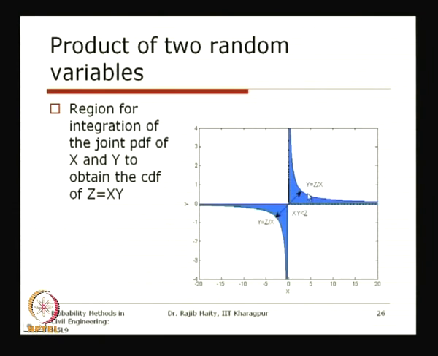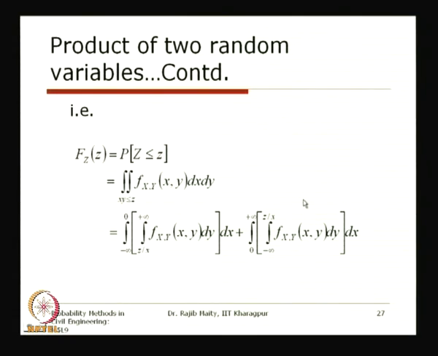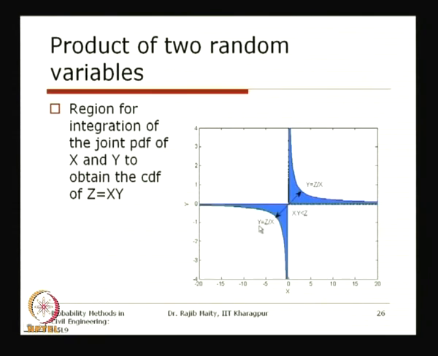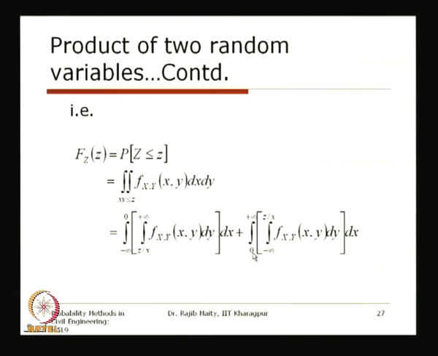Again, a similar point: whether this area will be included or not, or the lower limit will be 0 to z by x, or from minus infinity to z by x, depends on the individual random variable. And when we take the limit for x, it will be from the y axis, that is x equals 0, to plus infinity. So you see here the limit is from 0 to infinity.